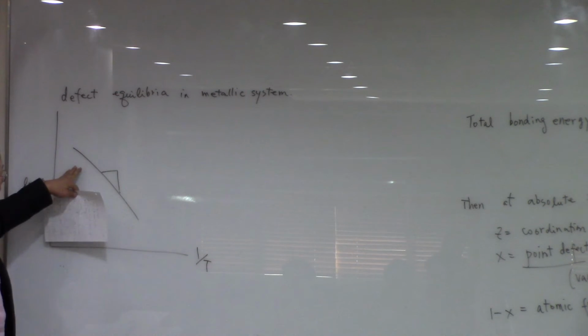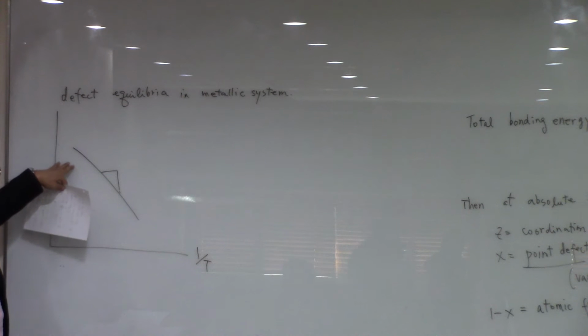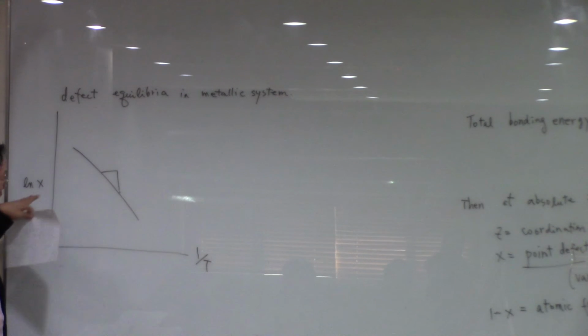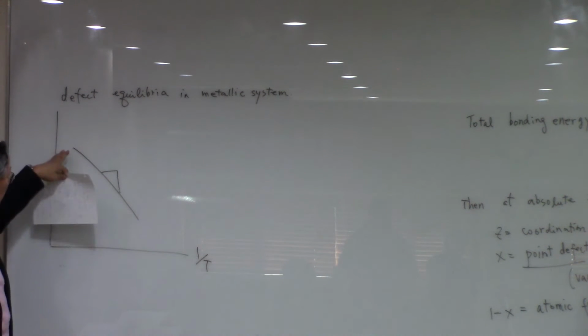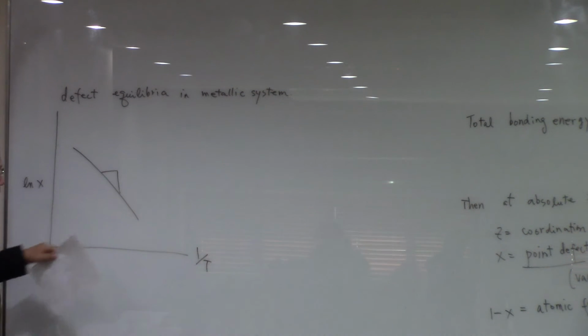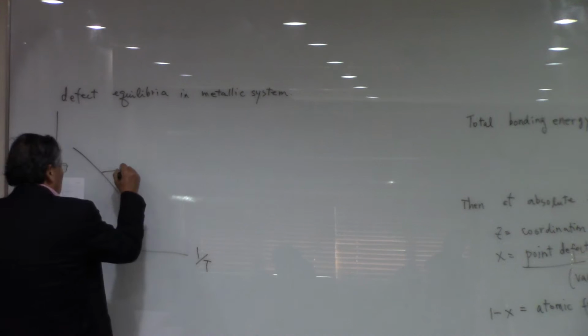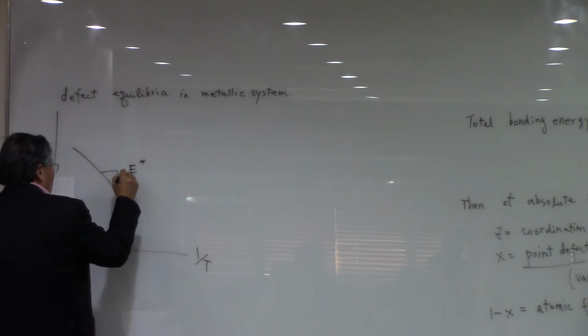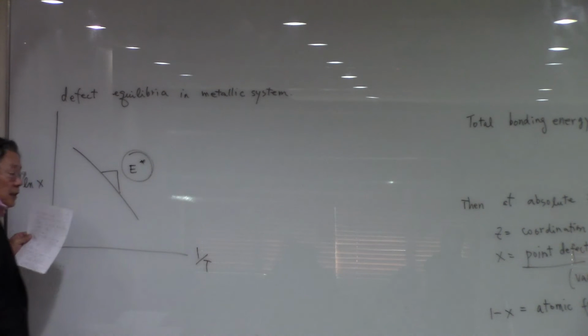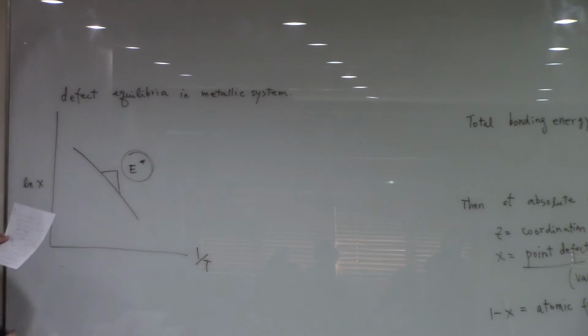If we succeed in having an equation relating these two parameters as a straight line, then the slope corresponds to some activation energy, and we want to find out what that is.